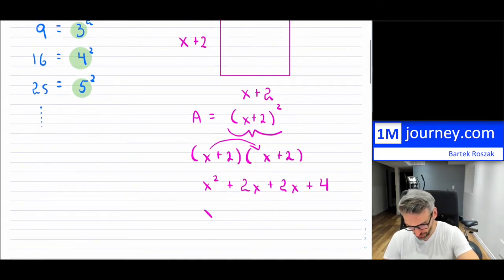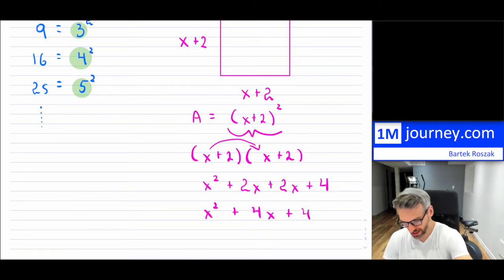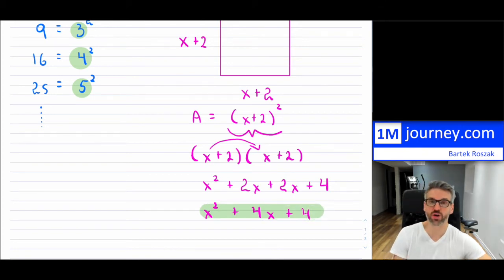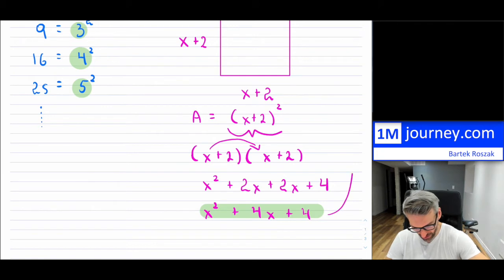Combining like terms, this gives x squared plus 4x plus 4. This entire expression is not a number anymore, but it is called a perfect square, and in this case it's a quadratic perfect square. You can get this back right here if you factor it out.